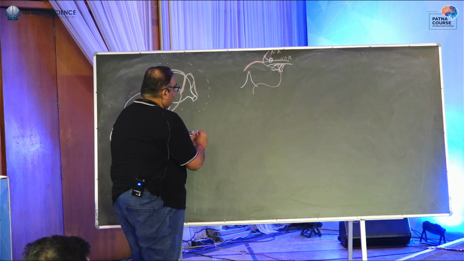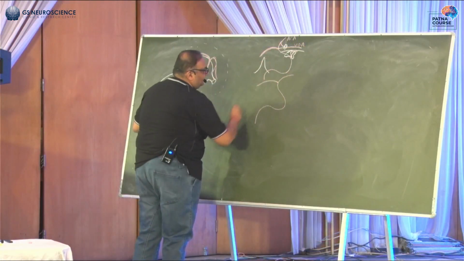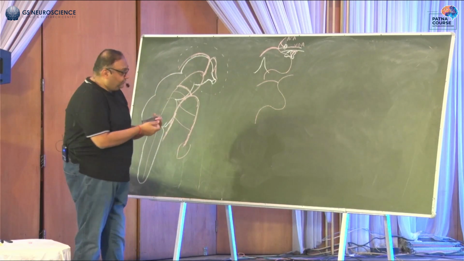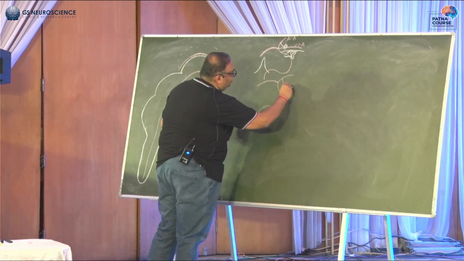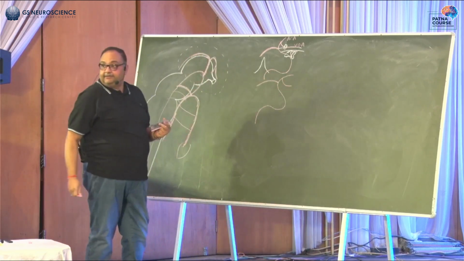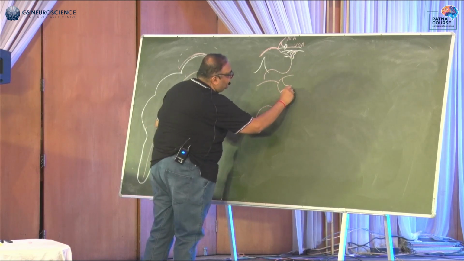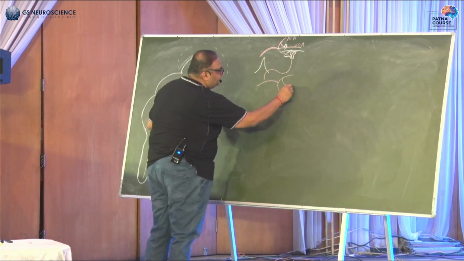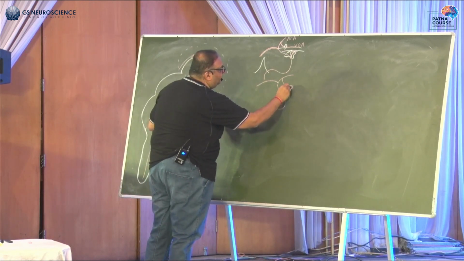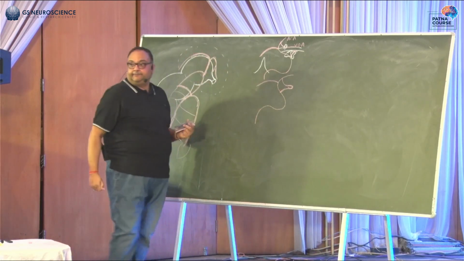In the next stage, what's going to happen is the artery that was coming from the ACA and the artery that was coming from the siphon, these two anastomose around the optic nerve, and they form what is called as the primitive optic ring.